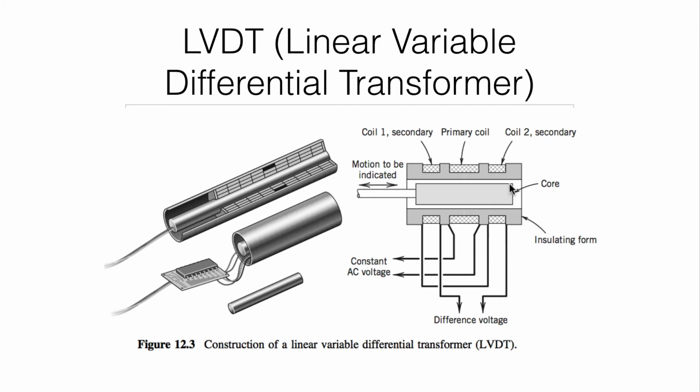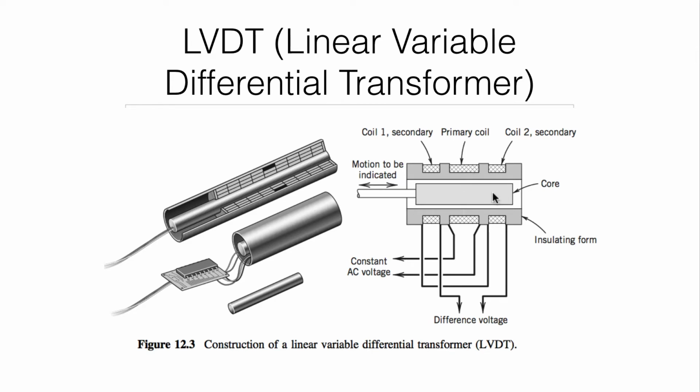And like most transformers, if you put an iron core into those coils, that directs the magnetic field lines much more effectively and couples the two coils together. So if I've got this core symmetrically placed in this transformer, then I'll see an equal voltage induced in each of these two secondary coils as a result of the AC voltage going through the primary coil.